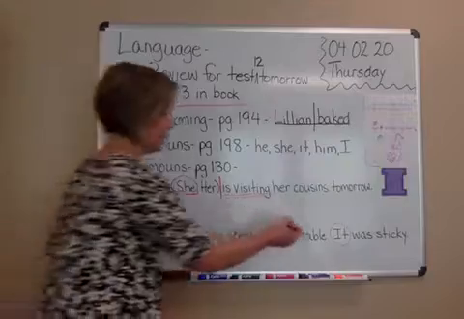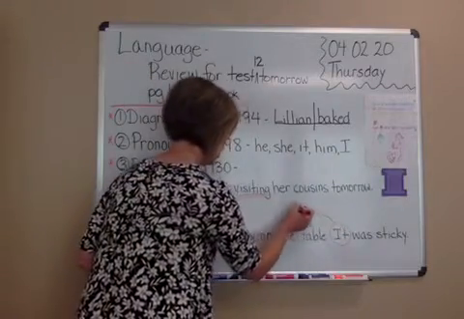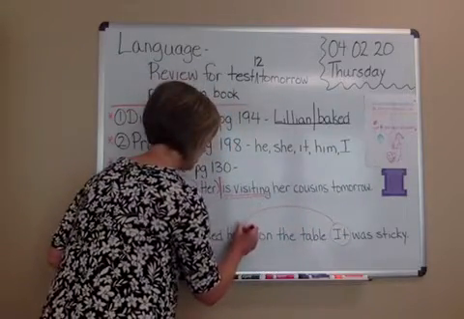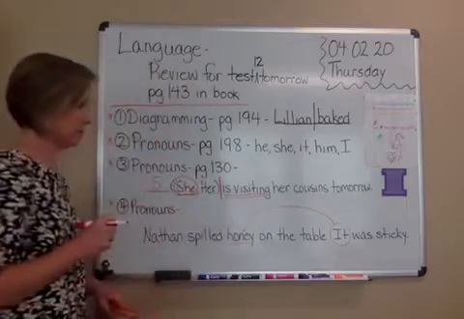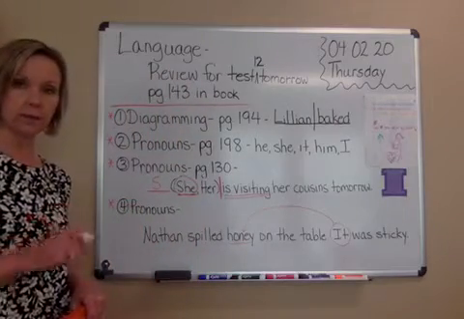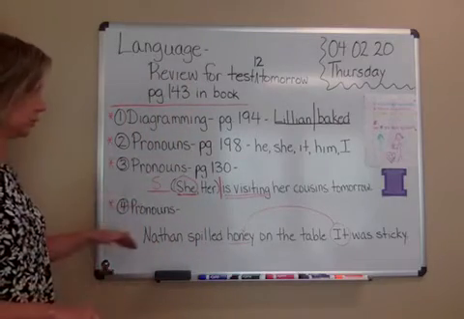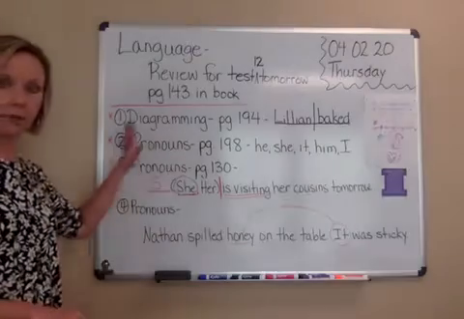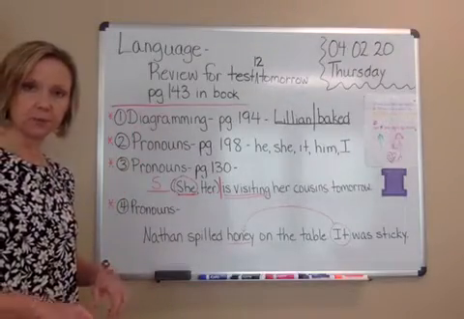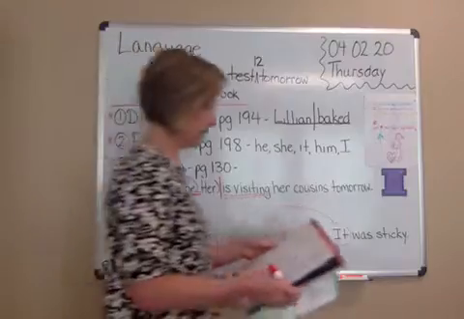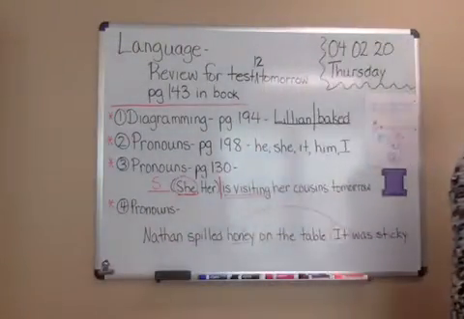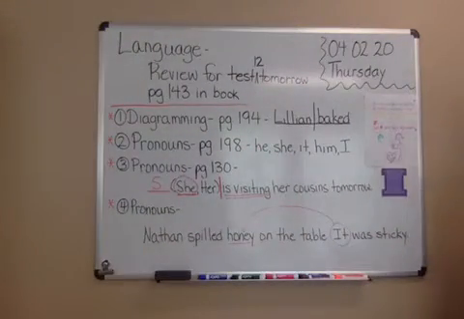So start at the pronoun and then just draw an arrow to what it renames. Okay? So you'll have 4 sections on your test tomorrow, and that's what it'll be. All right? So if you have any questions about those, please feel free to have someone give me a text or a call, but that will be your test tomorrow.